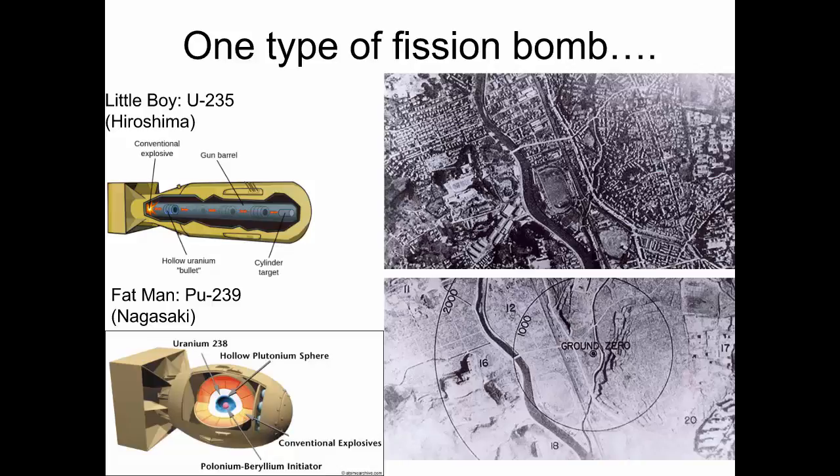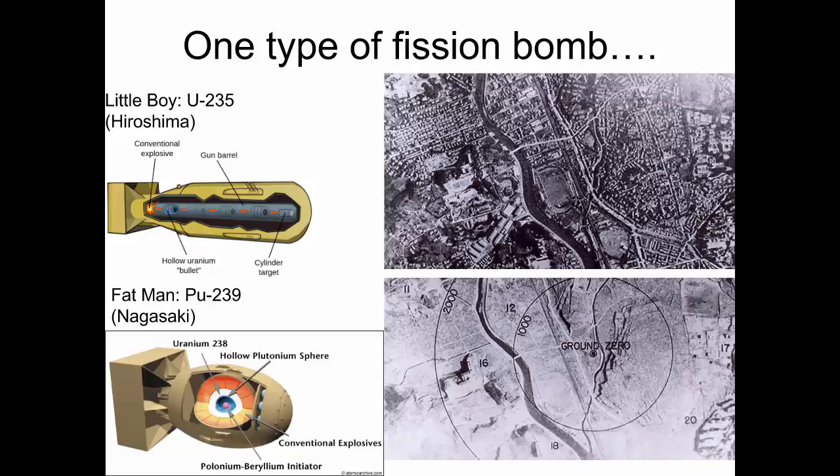On the outside of this large sphere, they had conventional explosives all wired together so that they would all explode at the exact same time, causing this hollow sphere to implode and get smaller, forcing the plutonium into a smaller size, causing it to reach critical mass and then start the chain reaction that expends all of that energy.